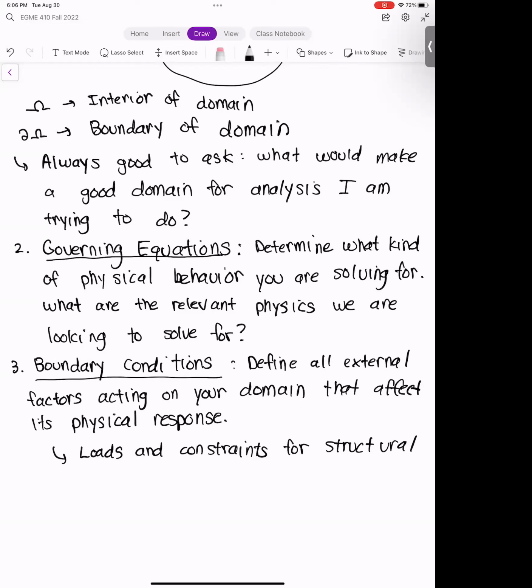And so this is really important. I'd say this is probably the most important part of the boundary value problem to think about, because you have to think about how the outside world is affecting the subject of my simulation, right? And so what are the places where it's going to be fixed? What are the places where it's going to be bearing some load? Right? What are the forces? What are the pressures, right?